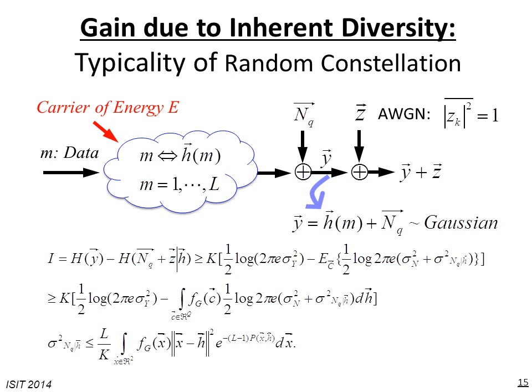The vector NQ, please refer to the article for details, will convert HM into vector Y, and vector Y has a Gaussian distribution. The way that this vector is derived, its dependencies, and the way that the expressions are formed, please see the details in the article.